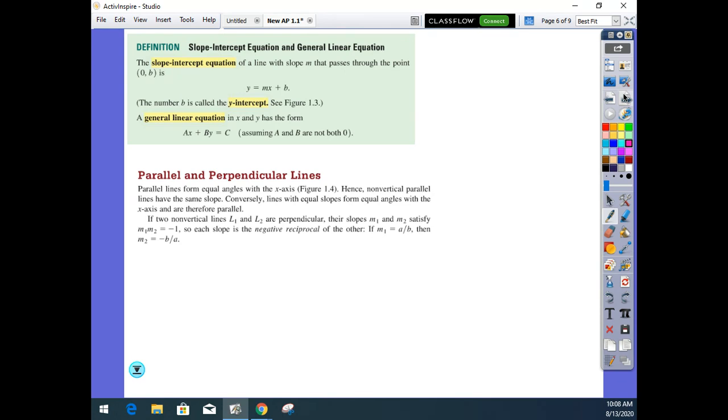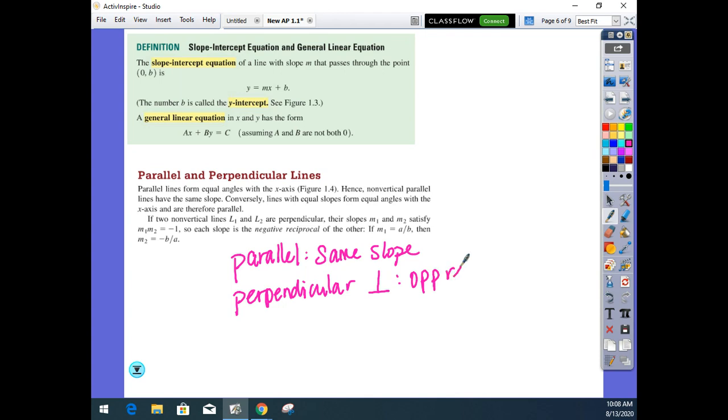Parallel and perpendicular looks all complicated. The big thing I want you to know: what do we know about all parallel lines? They have the same slope. Perpendicular, and oftentimes we use an upside down T to represent perpendicular, has opposite reciprocal slopes.